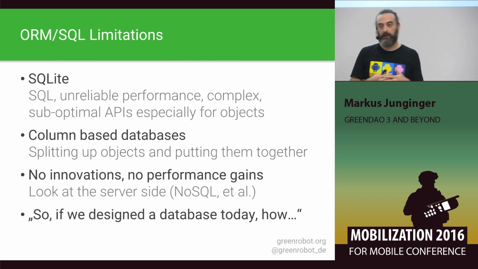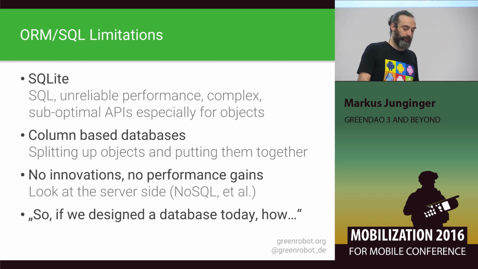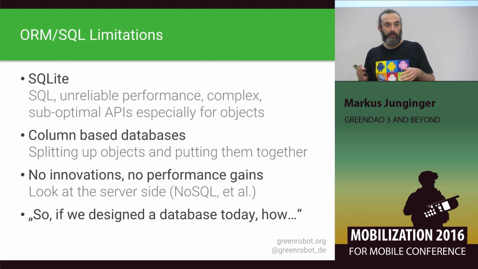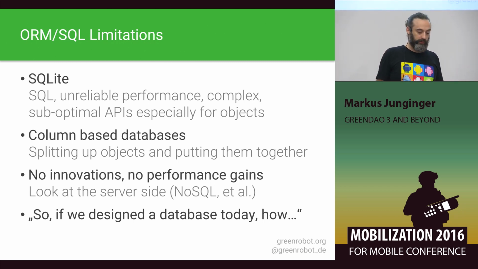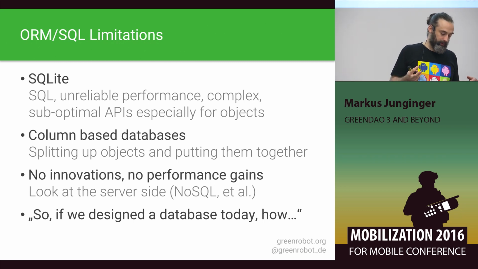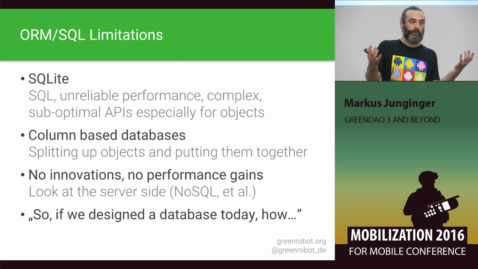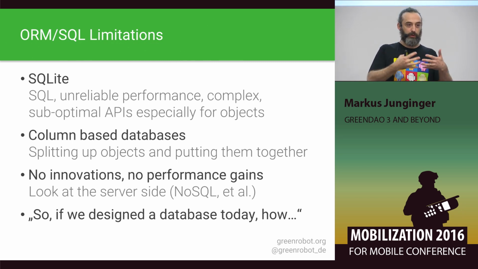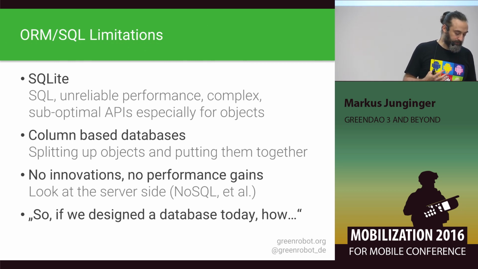So when I was working with greenDAO, I stumbled upon some limitations. For one, SQLite is not always as responsive as it could be because it's doing some maintenance stuff or whatever, so it doesn't have the best performance. Also it's column-based, and from a performance perspective with objects, it's not always the best match.